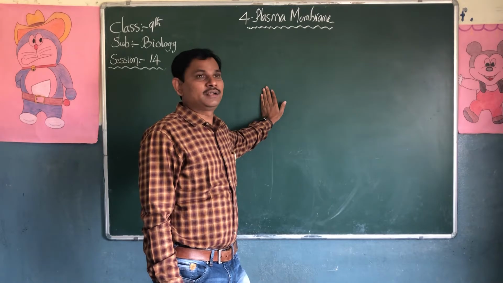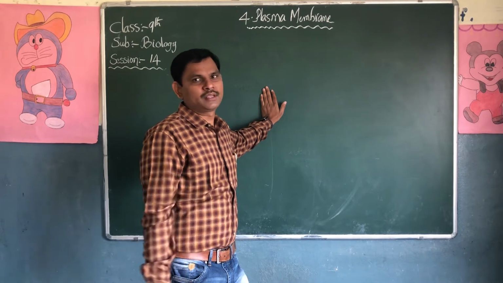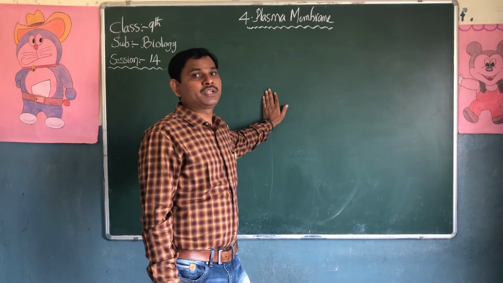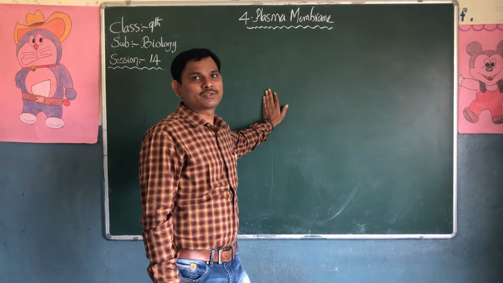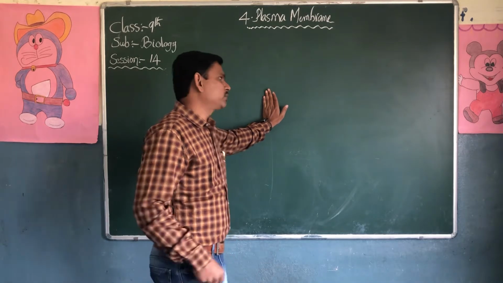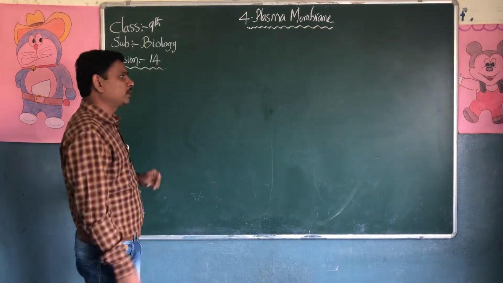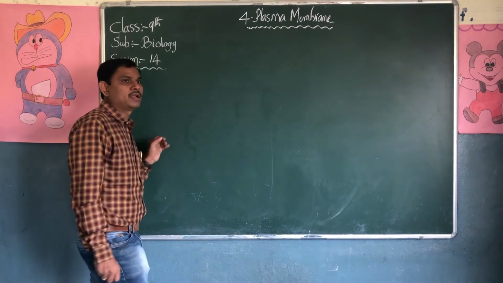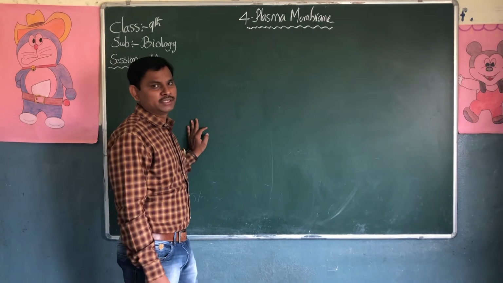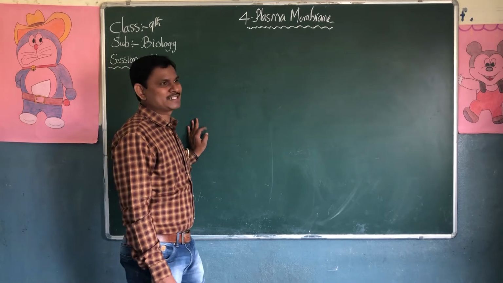We discussed how the dry grapes started swelling due to the diffusion process, the osmosis process. And today we are going to discuss one more important 4 marks question, another lab activity: osmosis.